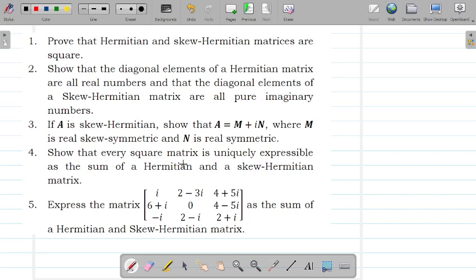It can be expressed as a sum of a Hermitian part, half of (A plus A star), plus half of (A minus A star). So this is that representation. Whatever A may be with complex entries, you can write A as a sum of a Hermitian and a skew Hermitian matrix.